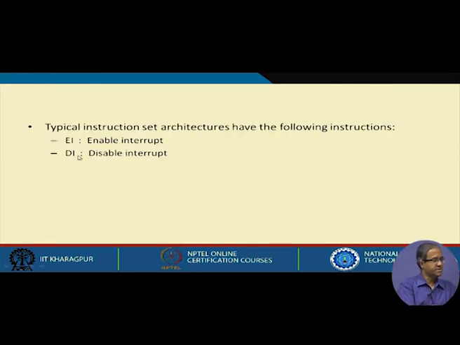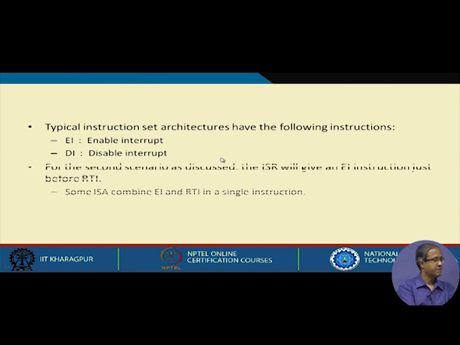So, for this, typical machine instructions are there for enabling and disabling interrupts like EI and DI. So, for this second scenario, the interrupt service routine will give an enable interrupt instruction just before return from interrupt. So, you see what is happening.